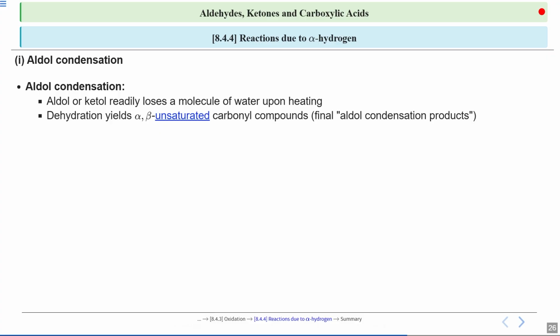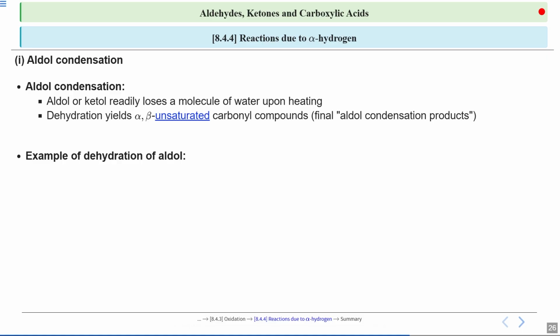Dehydration is the removal of water. When water is removed, you get an alpha beta unsaturated carbonyl compound, and these are the final products of aldol condensation, which is characterized by the double bond between the alpha and the beta carbon.